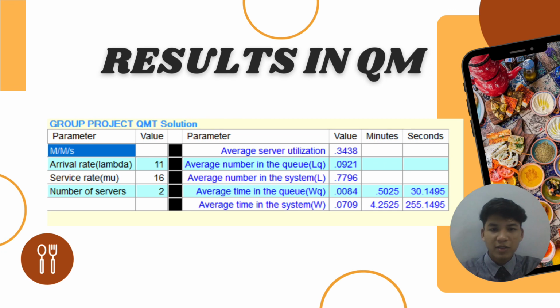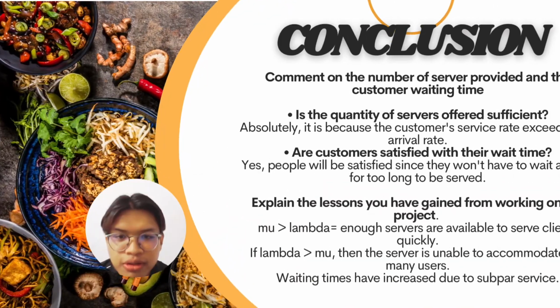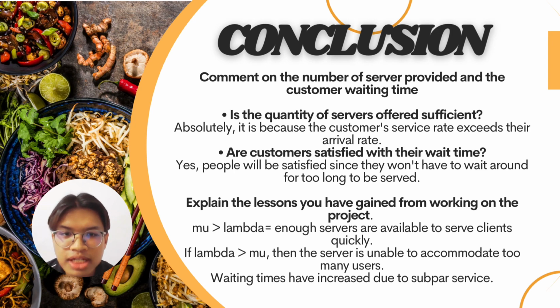Wq, the average time in the queue, we get 0.0084, and the last one is the average time in the system, W, which is 0.709. So that's all.